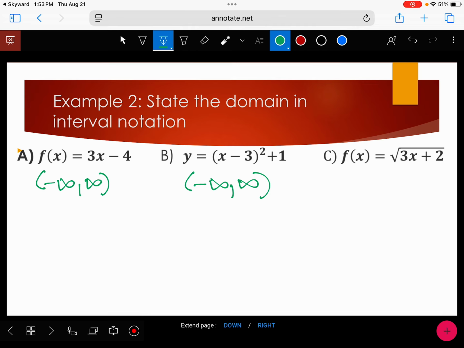So what that means is this piece has to be greater than or equal to 0. So when you see that, we need to make an equation and solve it. So let's go ahead and solve that for x.